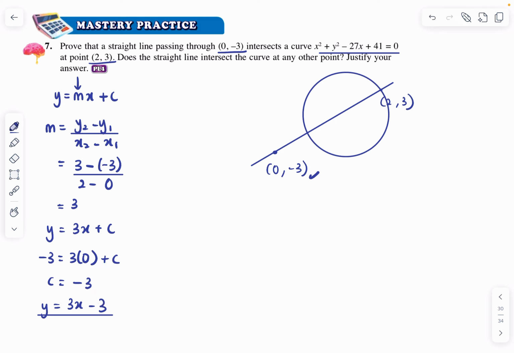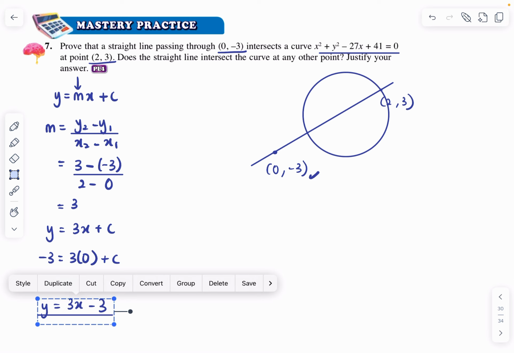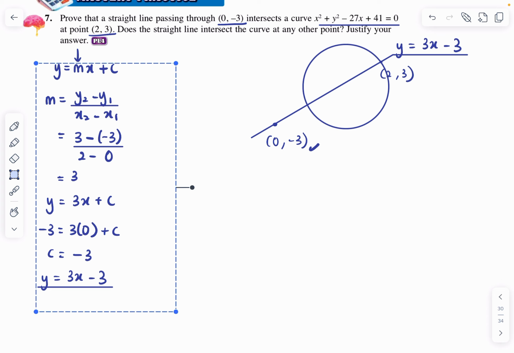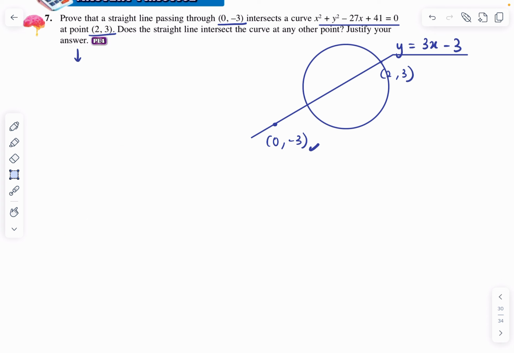Okay, done. So now this equation, we have to solve simultaneously with this equation, right? So let me erase all this. Okay, let's move on to the simultaneous part.